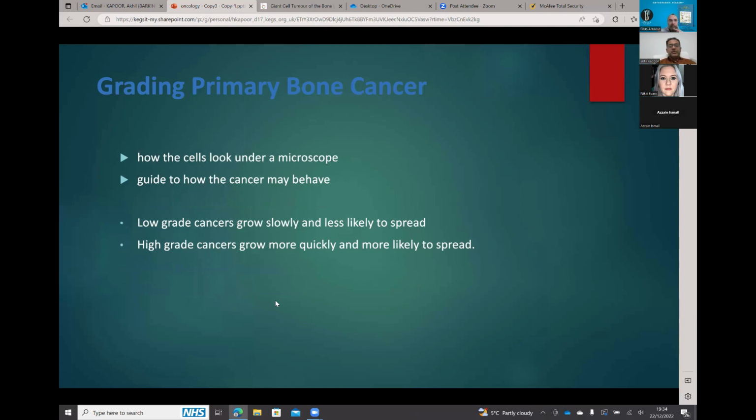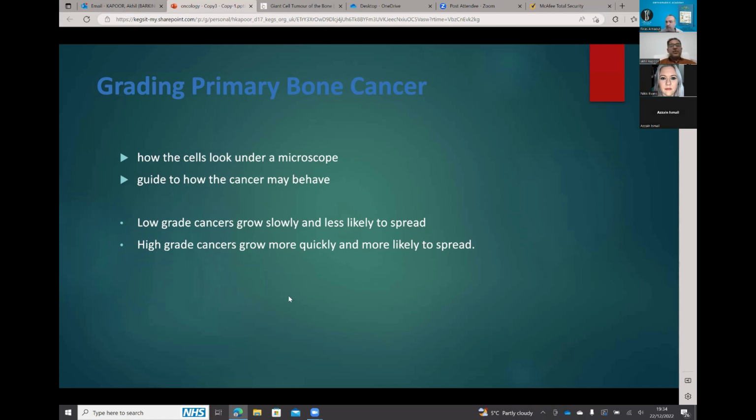So we've understood the framework, and we reached the stage where we are in a specialist center and we have to then do a biopsy. What does the biopsy give us? The biopsy basically gives us the confirmation of the diagnosis and helps us grade the tumor.